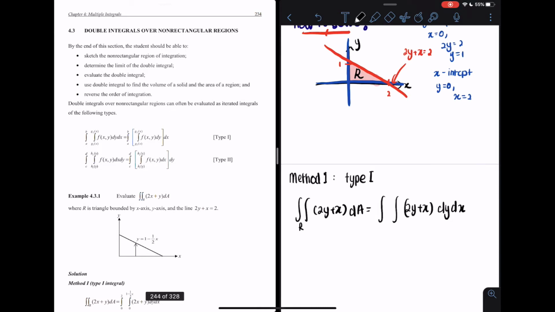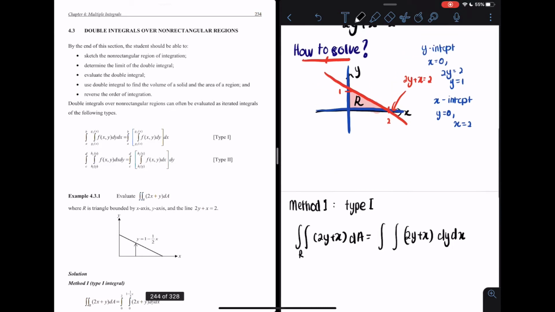Right now you have to look at the region R that you sketched earlier. The region R will help you a lot in determining the limit with respect to variable y and the limit with respect to variable x.